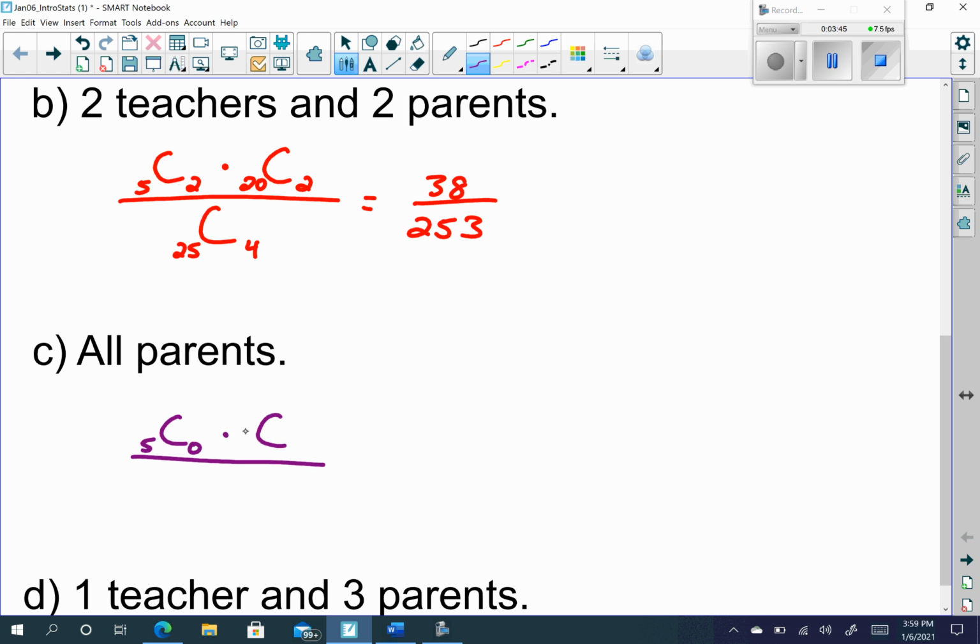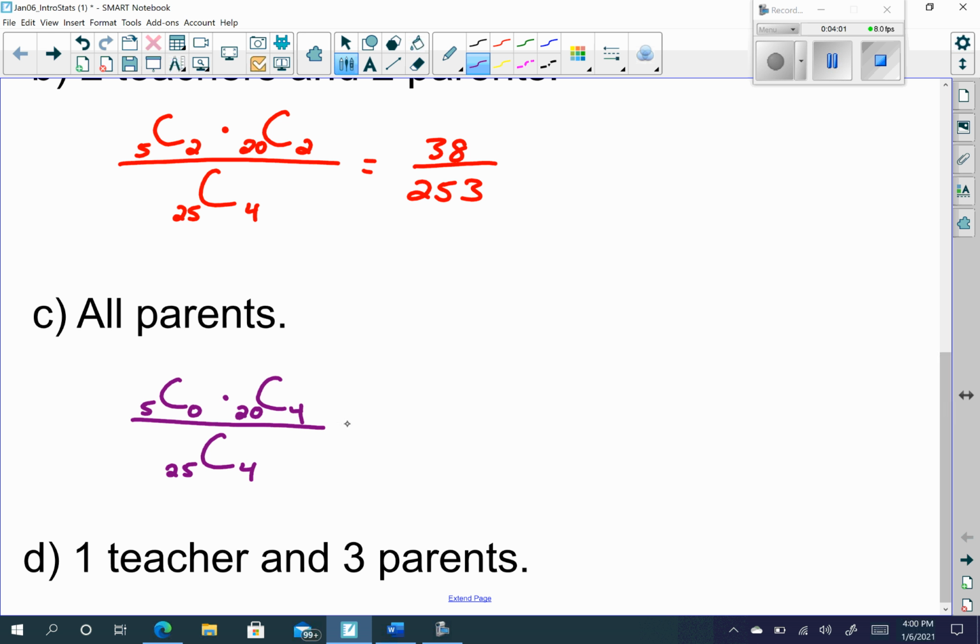And then of the parents, we would want from the 20, pick 4. And again, a combination of 25, choose 4 for the denominator. Go ahead and calculate that. We should be getting 969 over 2530.